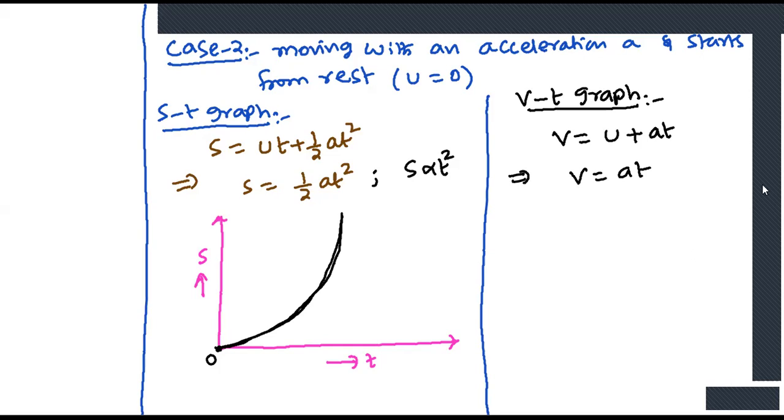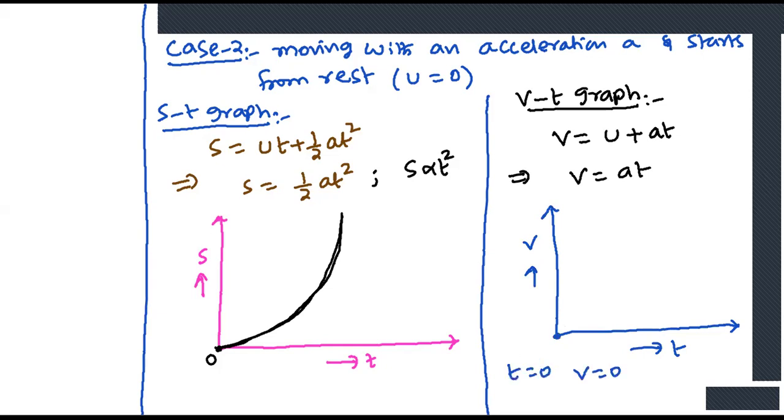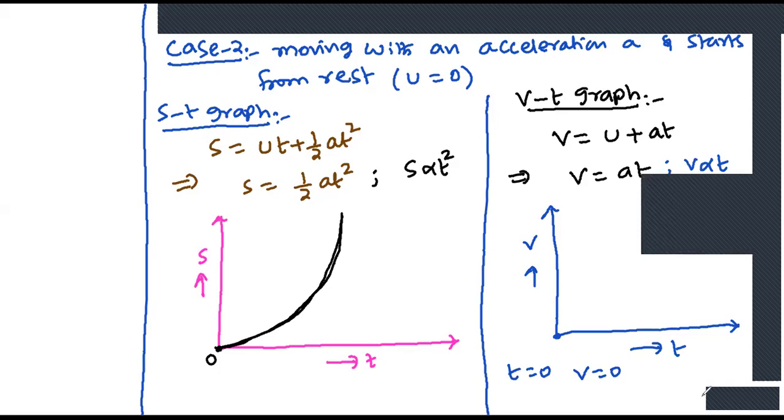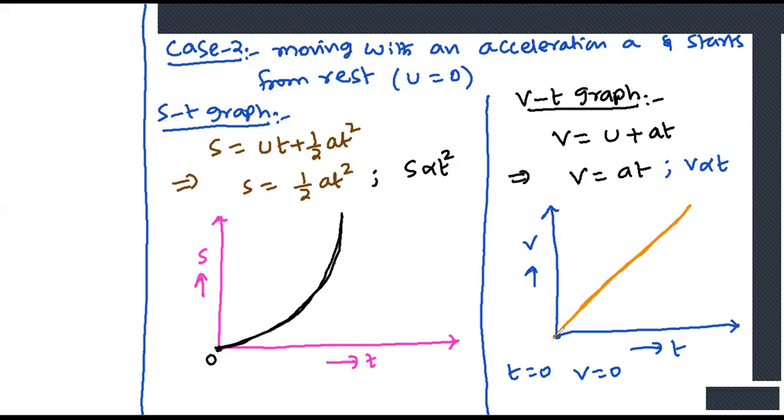That means when T equals 0, what is the velocity? 0. V equals 0, which means at the origin. Since here velocity is directly proportional to time, what will be the shape of the graph? Linear, a straight line passing through the origin.